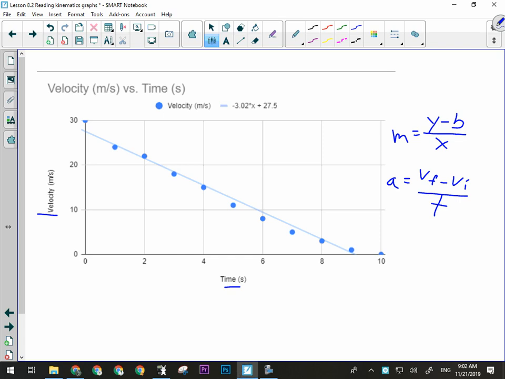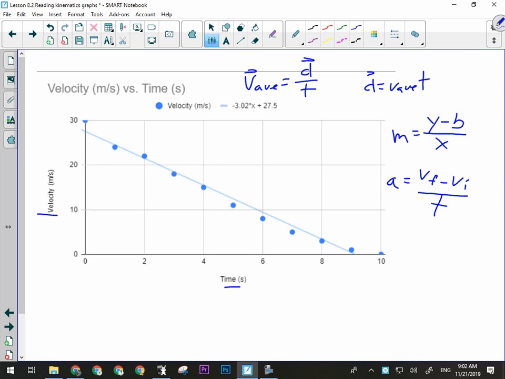Okay. If I wanted to calculate the displacement of the object in this graph, then I still want to use this formula. Average velocity equals displacement divided by time. But I want to calculate displacement, so that means I'm going to take average velocity and multiply by time.